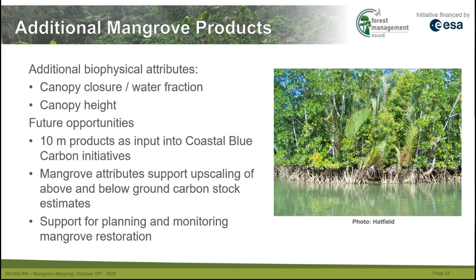And obviously, these types of attributes could provide additional information for planning and monitoring of mangrove restoration and mangrove management. So if areas have a lower canopy closure or lower canopy height, rather than just understanding mangrove extent or general condition from a vegetation index, you could have some more useful information for management and restoration planning.